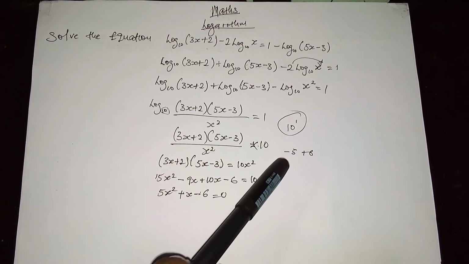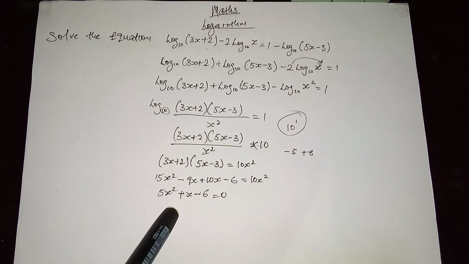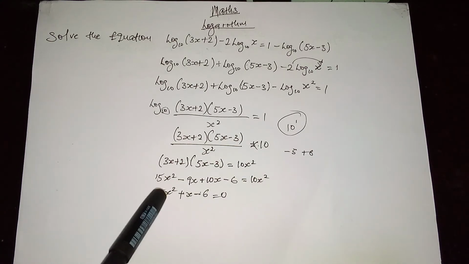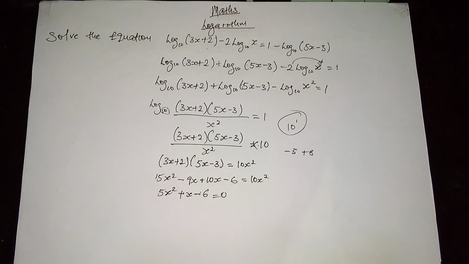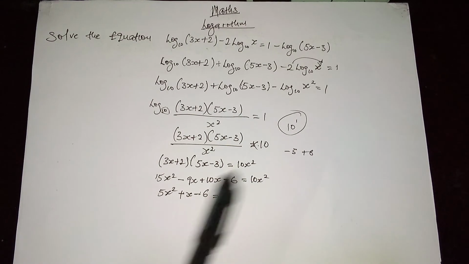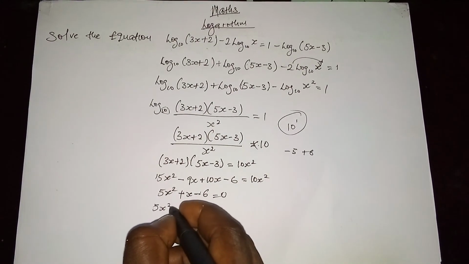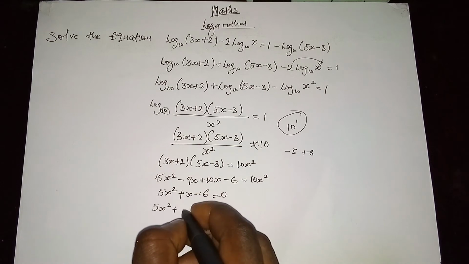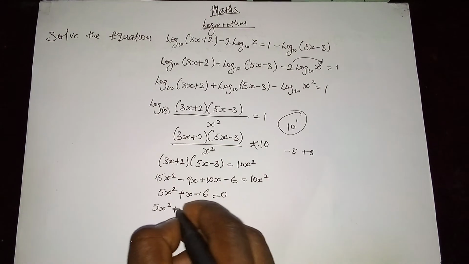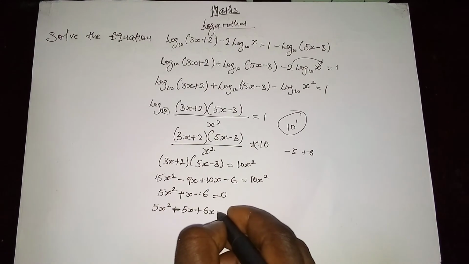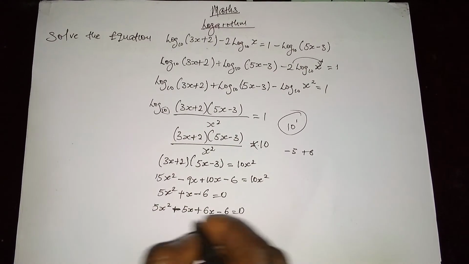If I add negative 5 and 6, I obtain 1 as the coefficient of the middle term, and when I multiply them, I have the product of this and this. So I will replace x by these two numbers. So what I have is 5x squared minus 5x plus 6x minus 6 is equal to 0.